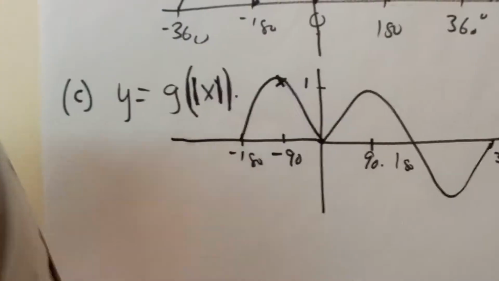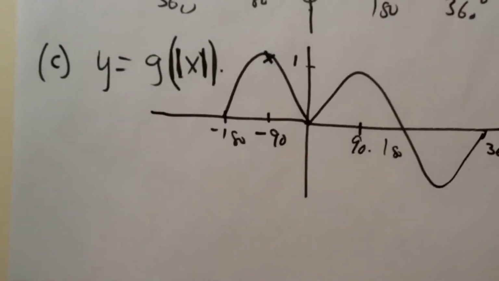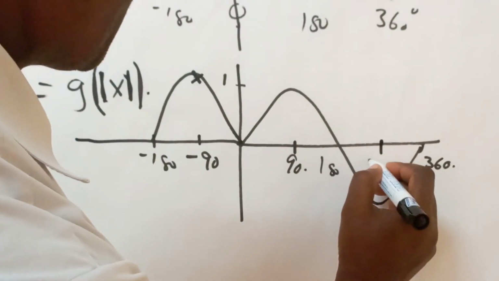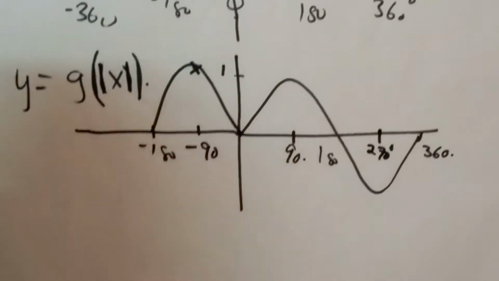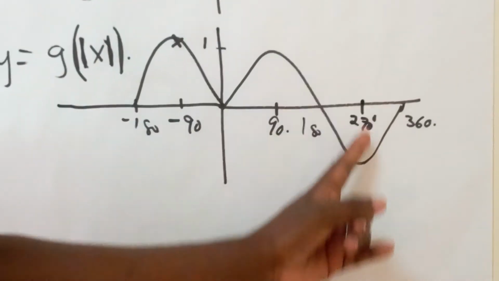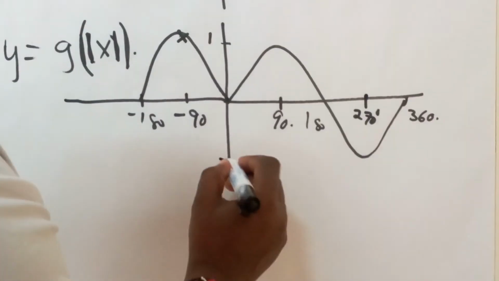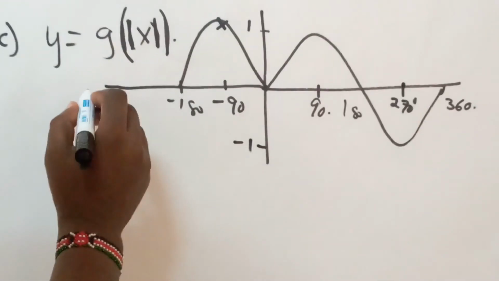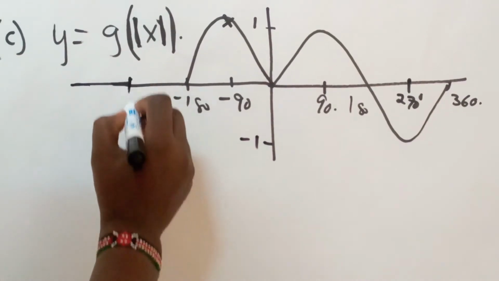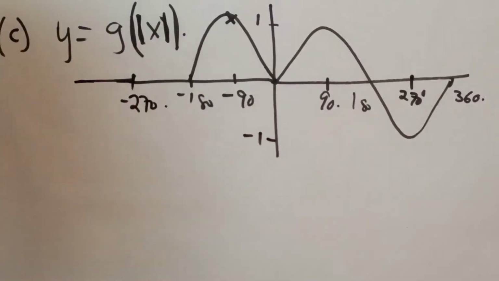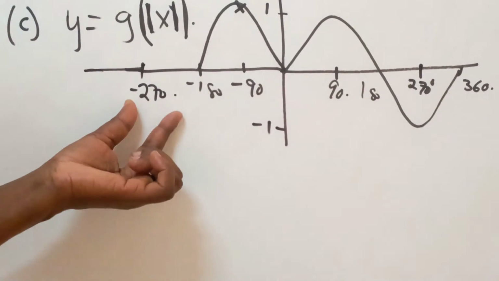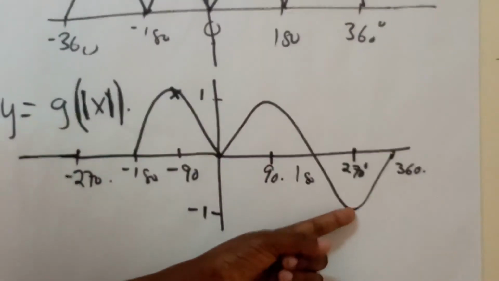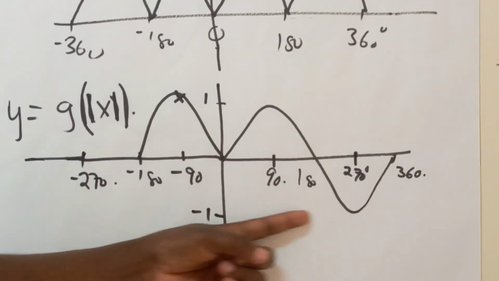And again, if you would want to talk about this particular point, and this is 270 degrees. When x was 270 degrees, the value of y you can see is negative 1. When x is negative 270 degrees, which when moduled becomes 270, it will continue to reflect y being negative 1.